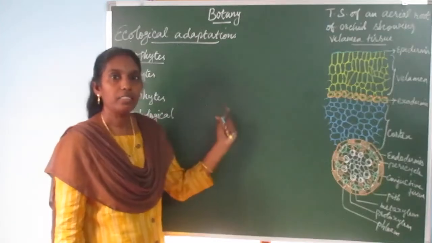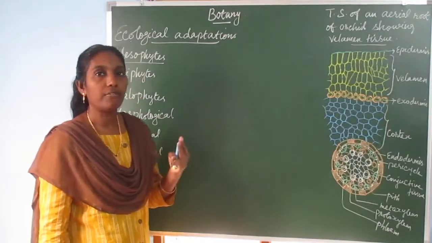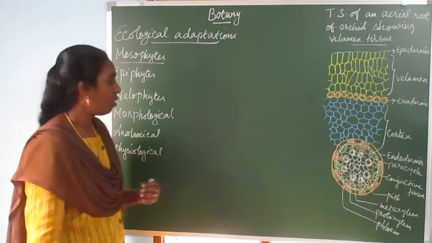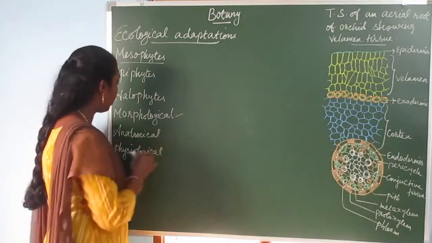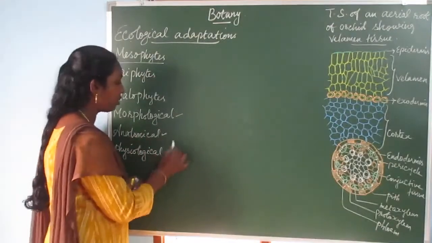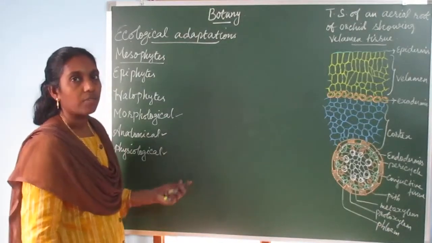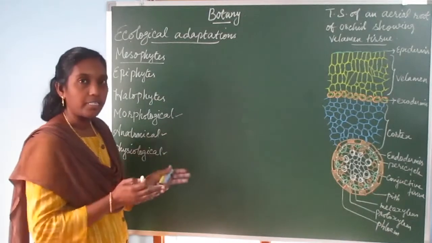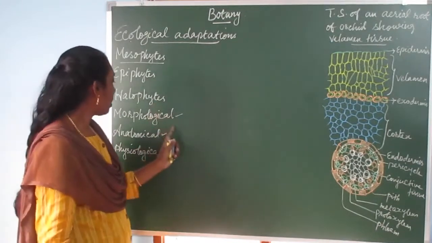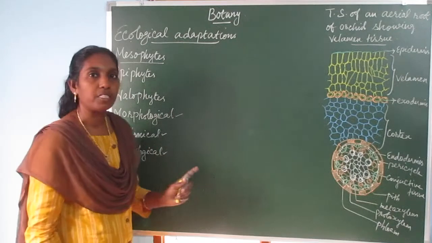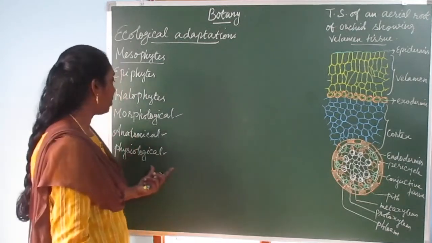Under each category, 3 different adaptations are observed: morphological adaptations, anatomical adaptations and physiological adaptations. So when you learn this question, you can write under 3 headings.